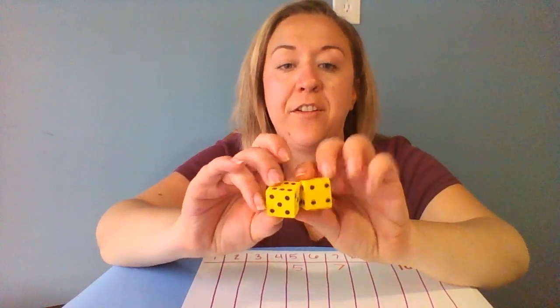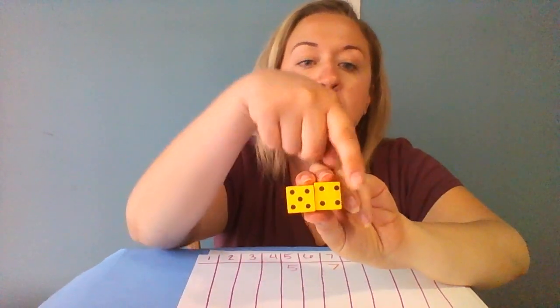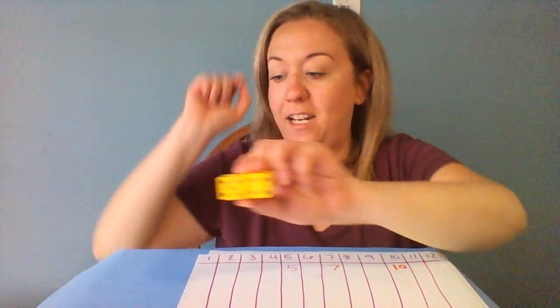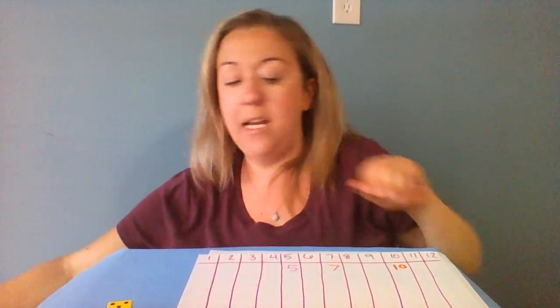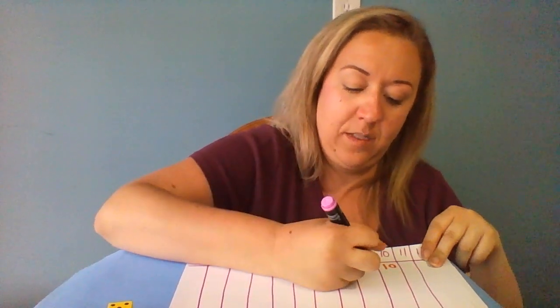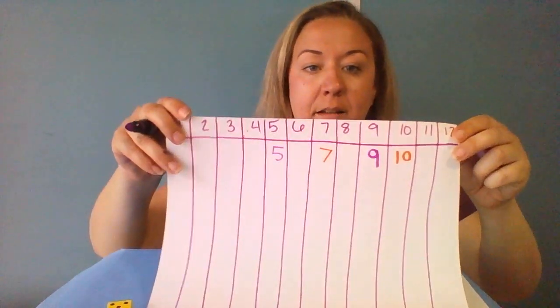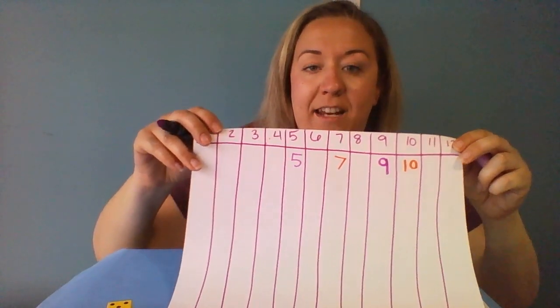Let's put them together now and count how many there are. 1, 2, 3, 4, 5, 6, 7, 8, 9. We rolled the number 9. So I'm going to find my 9 on my chart. Make a loop and a line. That makes the number 9.